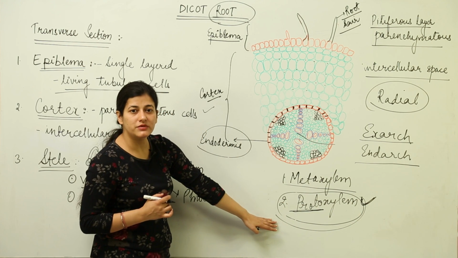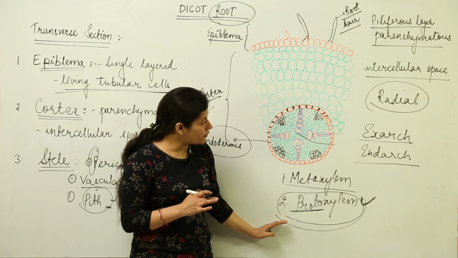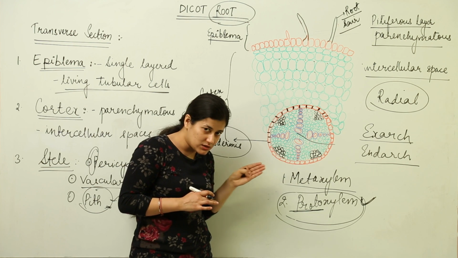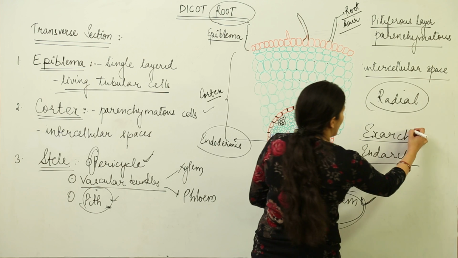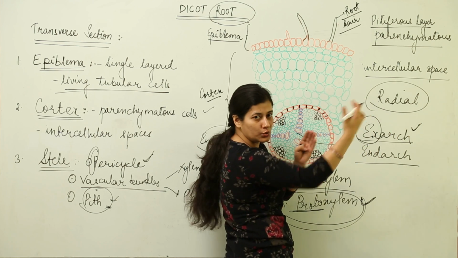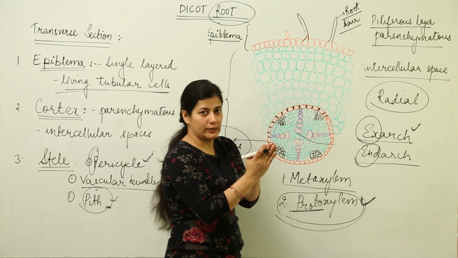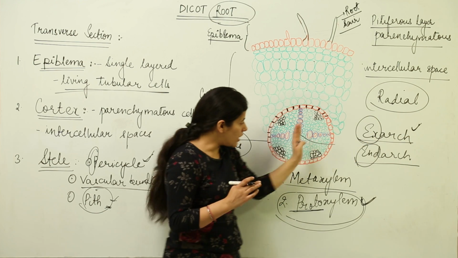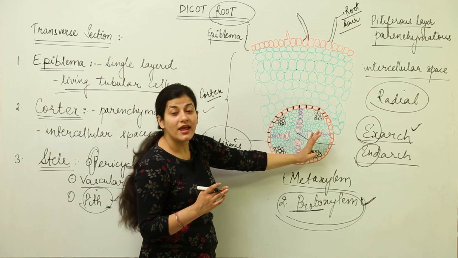Wherever the protoxylem is located, we always keep in mind where the protoxylem is located. So, if the protoxylem is located towards the endodermis, that means it is towards the periphery of the stele, that arrangement is known as exarch. You know, exo means something towards outside, and endo means towards inside. So if the protoxylem lies towards outside, it is known as exarch. So our vascular bundles in the case of dicot root are exarch.